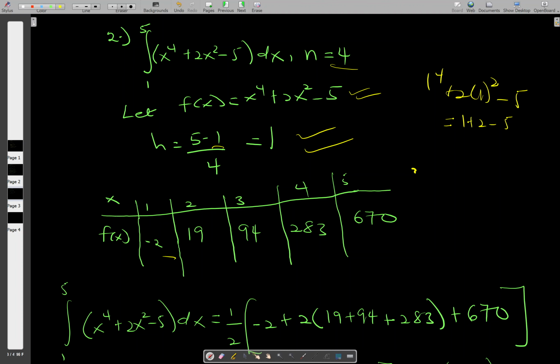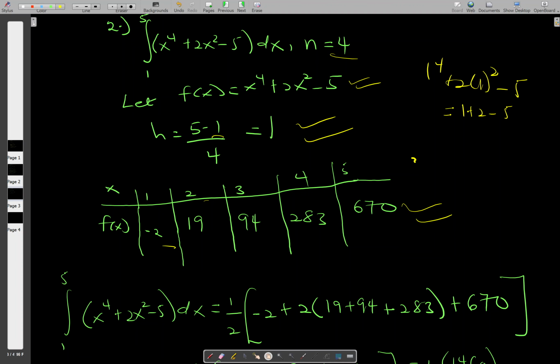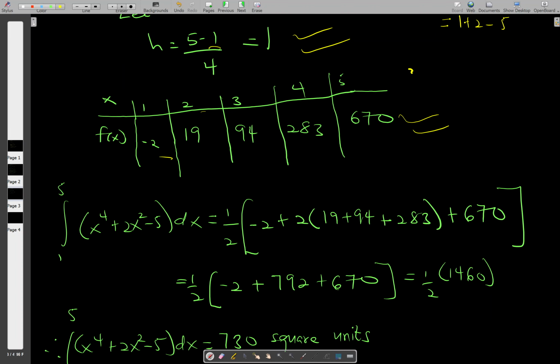Now, using the trapezoidal rule, we have h over 2, but we know our h to be 1, so 1 over 2. Then you multiply by the first term, negative 2, then the last term is 670, then 2 times the middle terms.